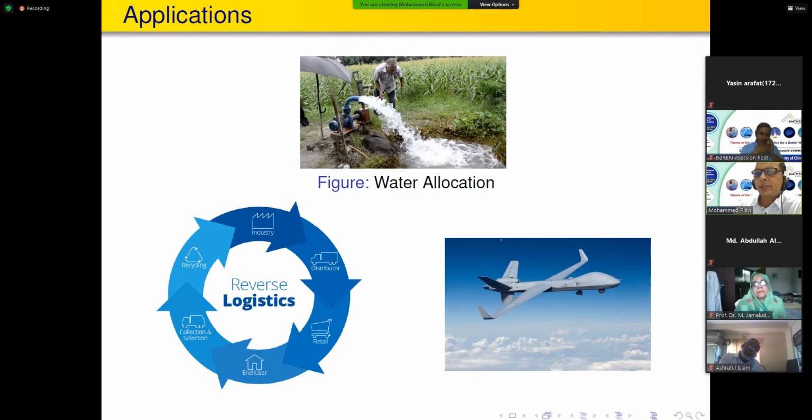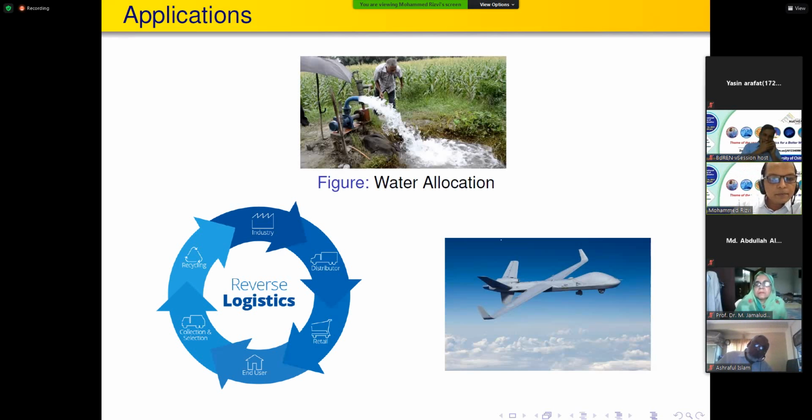Our objective is to maximize net returns, or maximize profit. At the same time, we need to minimize the deficit of the environmental flow, because if we pump too much water from the ground level, it can affect our environmental flow. So we have two objectives here: one is to maximize our profit, and at the same time minimize the deficit of environmental flow.